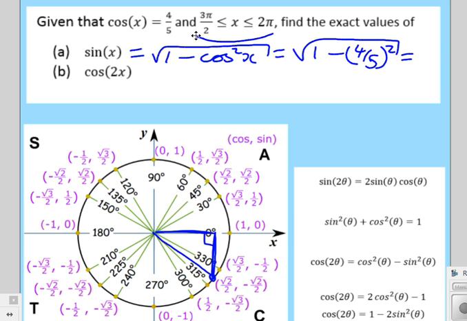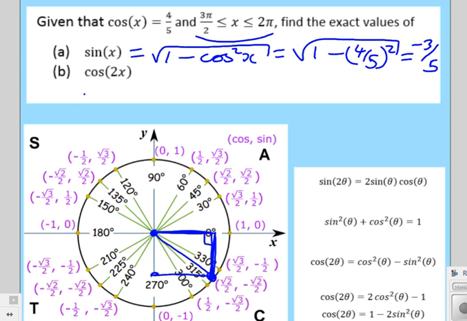And if you finish that calculation, you'll find we get 3 over 5. Or do we? Look carefully at the quadrant we're in. In this quadrant, sine is negative. Therefore, we take the negative root.